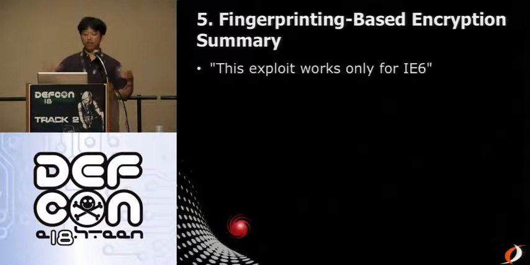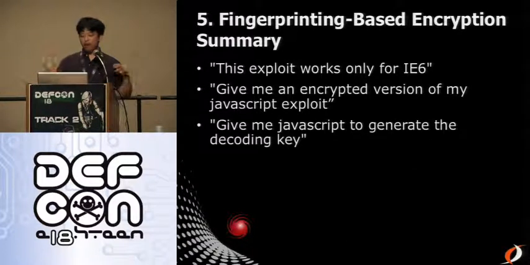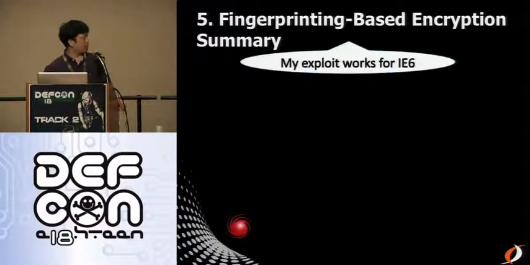All these, we put together, and we came up with a lot of checks. So you would say, okay, this exploit works only for IE6. Give me an encrypted version of my JavaScript exploit, and give me JavaScript to generate the decoding key. And the key is only correctly generated if the JavaScript is run under IE6.